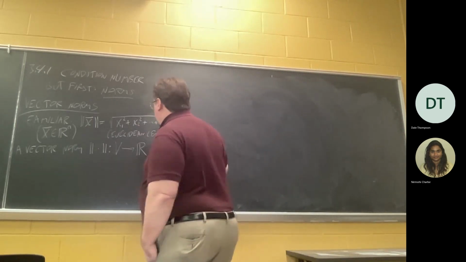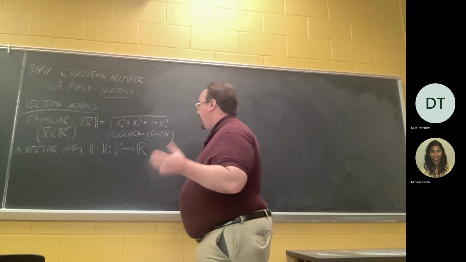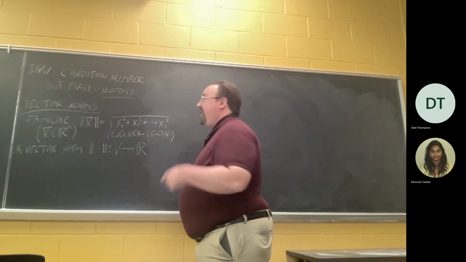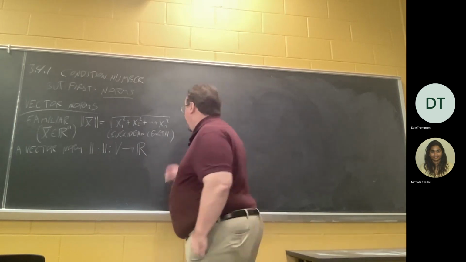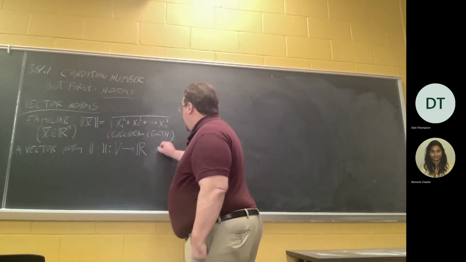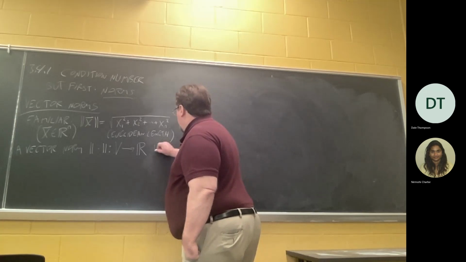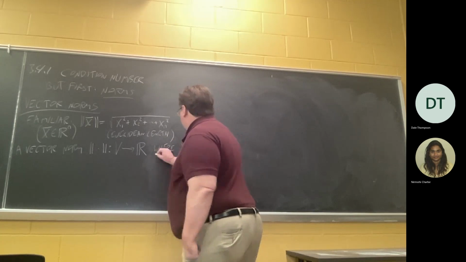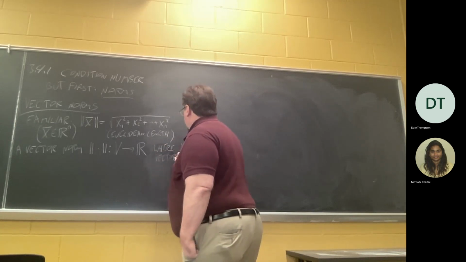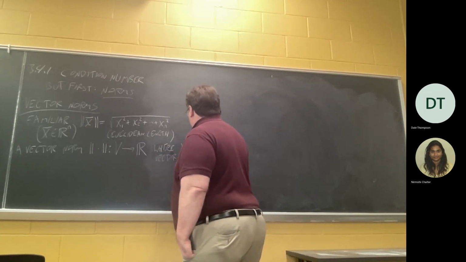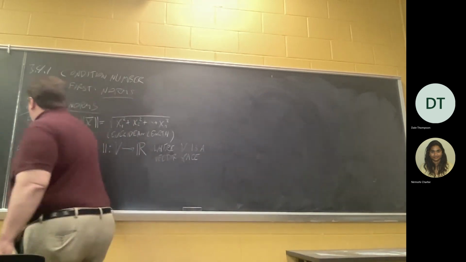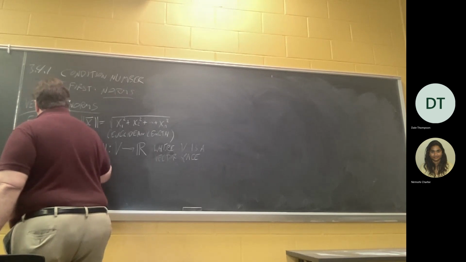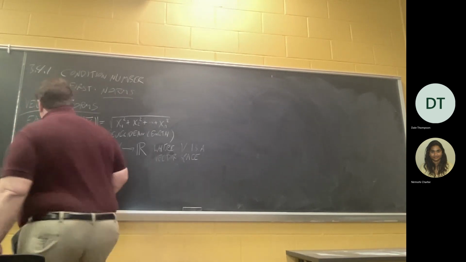So a norm is a function whose domain is a given vector space, usually R^n, and its range is just the set of real numbers. V is a vector space. It must satisfy these properties for us to call it a norm.